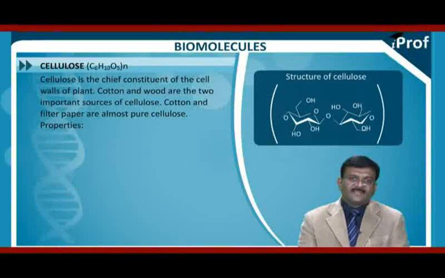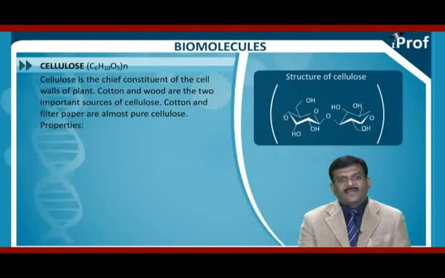Hydrolysis: cellulose, when boiled with dilute sulfuric acid, is completely hydrolyzed to D-glucose. Cattle and other ruminants have digestive enzymes, cellulases, capable of hydrolyzing cellulose into glucose.